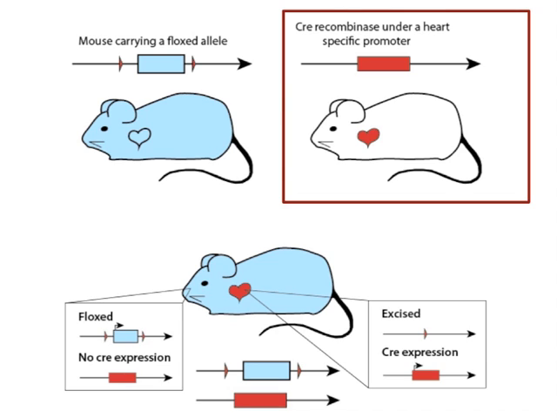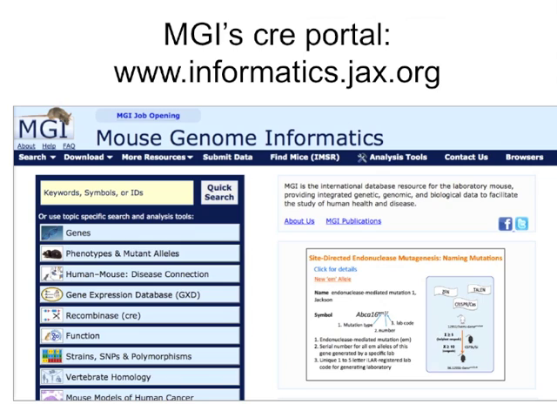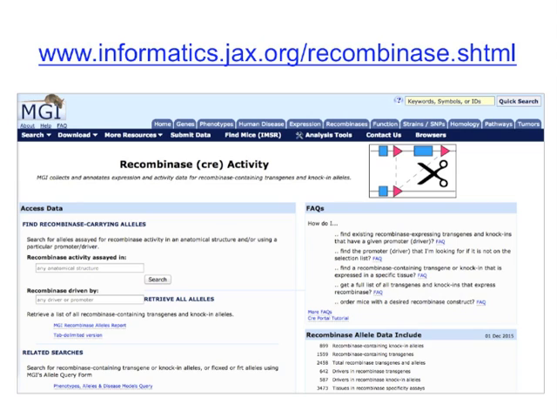We're going to be focusing on the CRE recombinase and promoter activity side of things. To do that, we'll use MGI's CRE portal. If you start from the home page, you'll see the recombinase button right there. Click that, and you've gone to the CRE portal, the recombinase or CRE activity mini homepage.